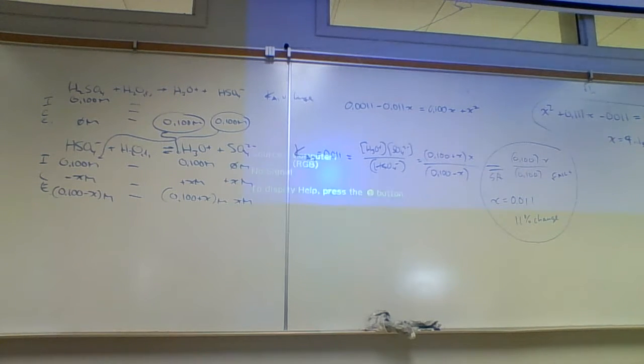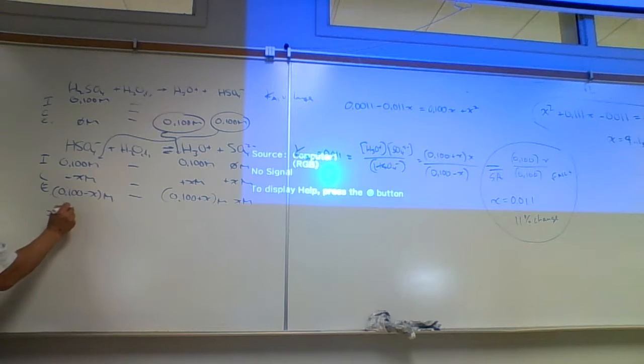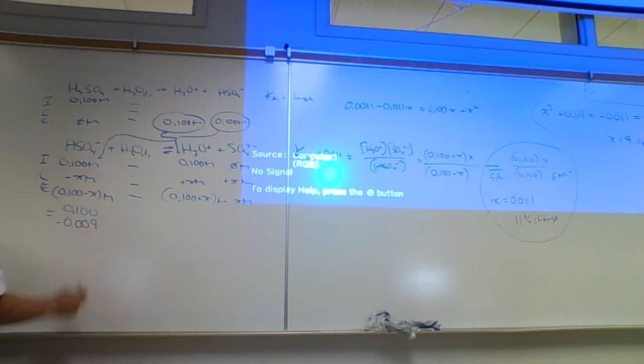All right, we didn't use the simplifying assumption, so we don't have to justify anything. That should be the correct answer. And so let's go back over here and calculate the equilibrium concentrations. That is 0.100 minus, now I'm going to convert that into decimal form, 0.009154.